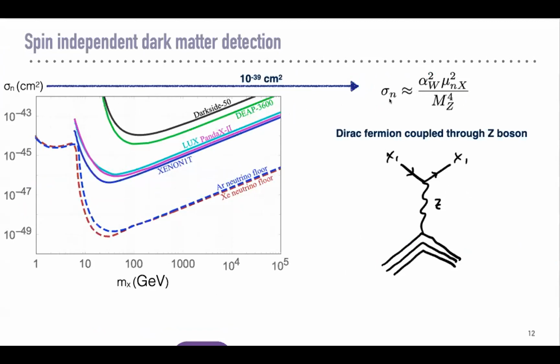Parametrically, that would just be the weak structure constant squared times the reduced mass of the nucleon and the dark matter squared divided by the mass of a weak boson to the 4th power. And that comes out to roughly around 10 to the minus 39 centimeters squared, which seems to lie a bit above all of the existing dark matter searches.